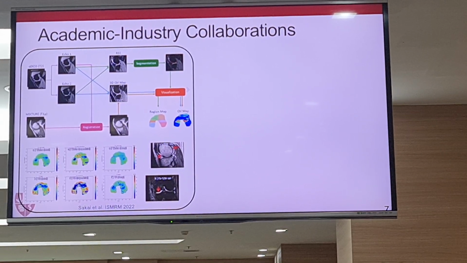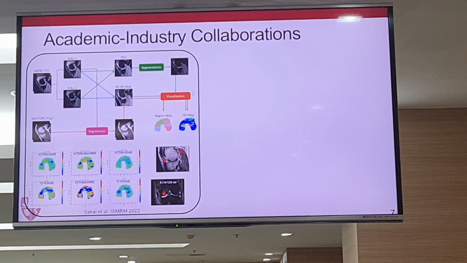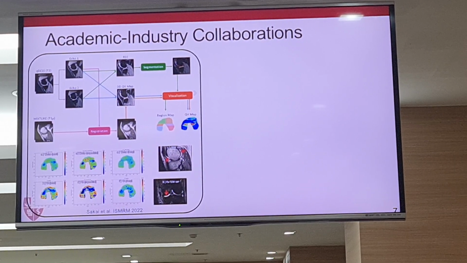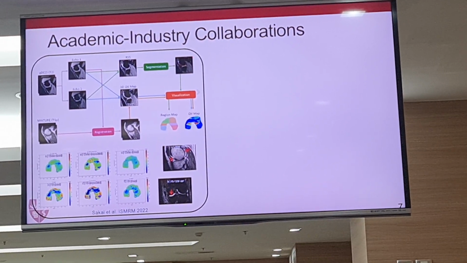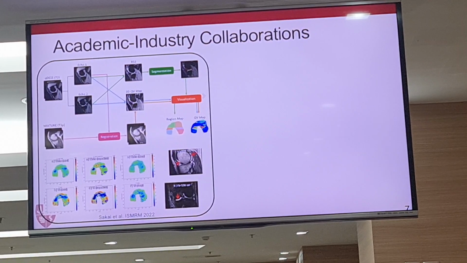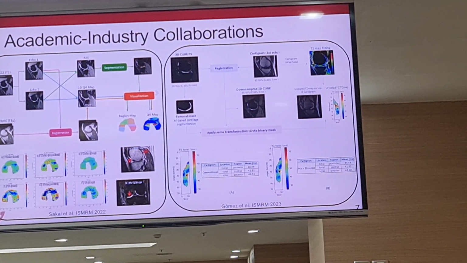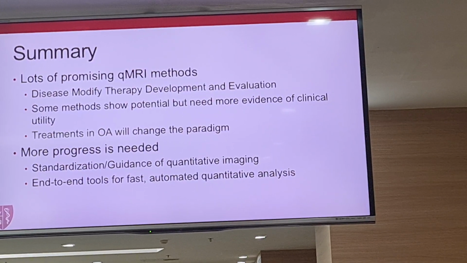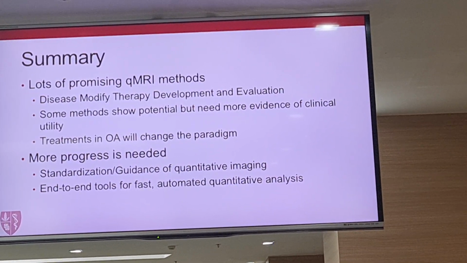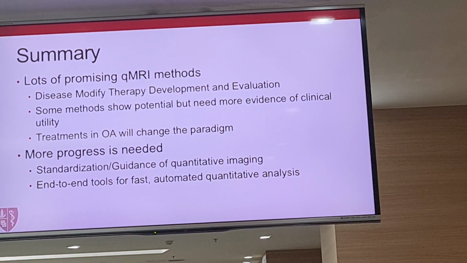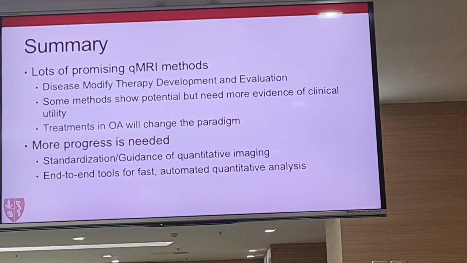So if you create a method and you want to stick it in here, you can do that. And we'd love to get your code to implement it so that others can do it as well. And so it's been great to see that even some of the vendors have tried this out and implemented their methods.